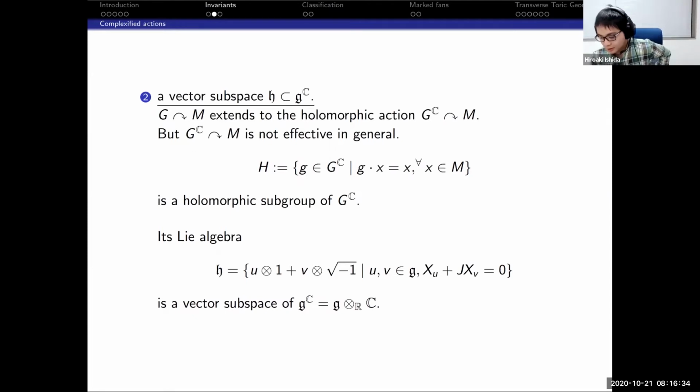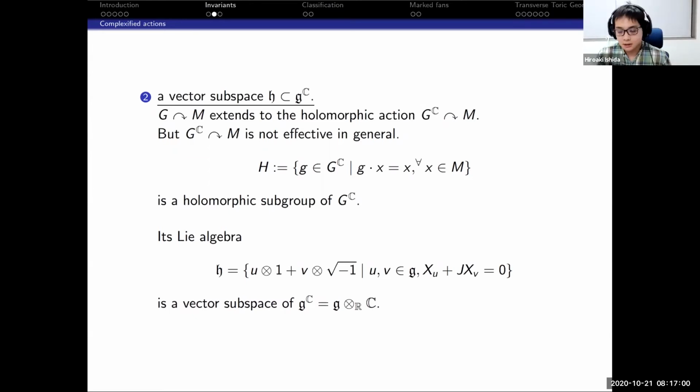So let H be the global stabilizer of this complexified action. Now this is a holomorphic subgroup of the algebraic torus, and its Lie algebra can be written in this form, and this is a vector subspace of the complexified Lie algebra.